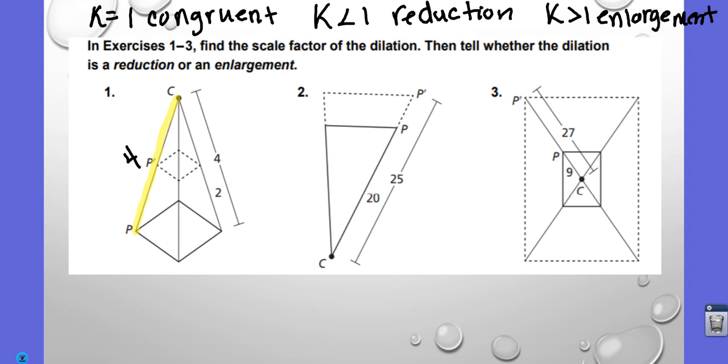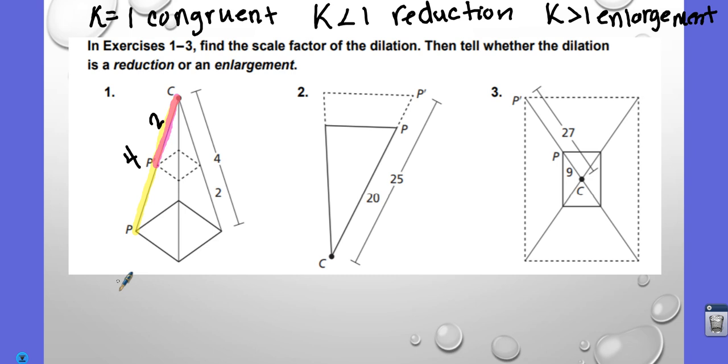And then you look at the part that it did the reduction or enlargement with, which is from P prime to C, the purple part, and it's telling you that it is 2. All right, so the question is how did I get from 4 to 2? Well, we went from a big picture to a small picture. So that's telling you that we're going to a reduction. So we have a reduction here.